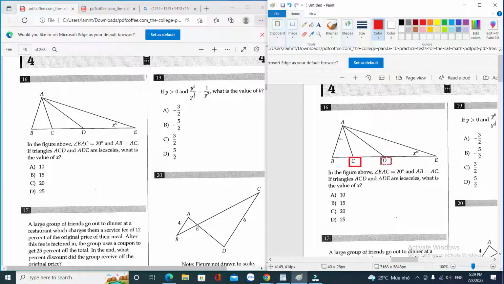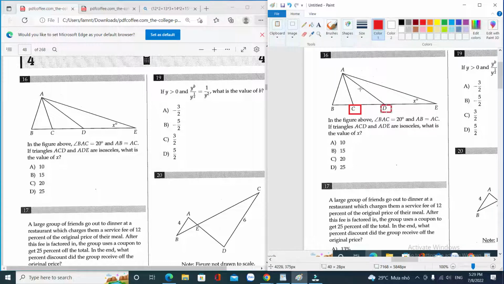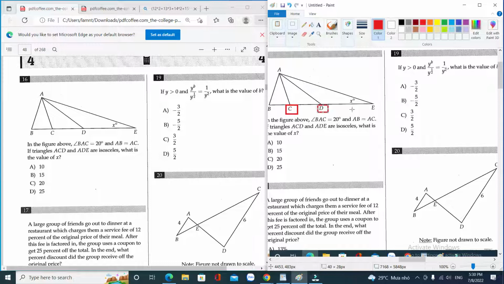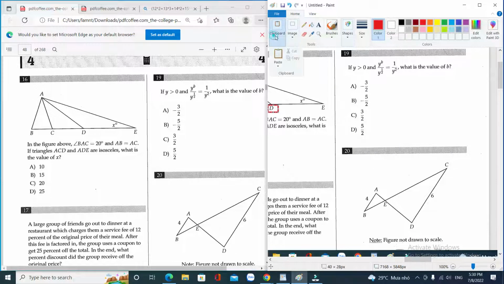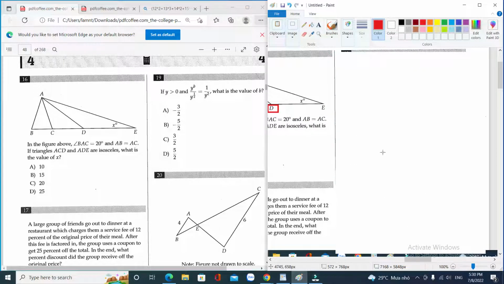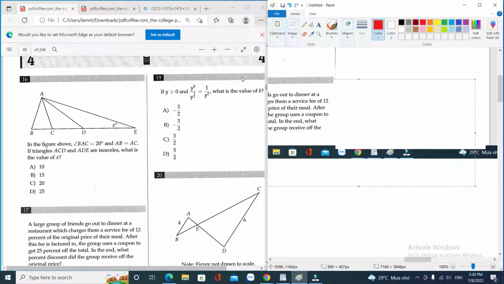Okay, so BAC, which is this angle, is 20 degrees, and AB equal to AC. So we can calculate ABC and ACB, right? So let's do that. Let's delete this part. We're gonna do it later. And this part down here.